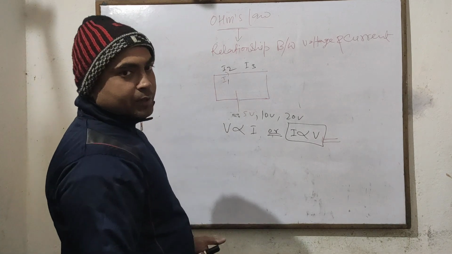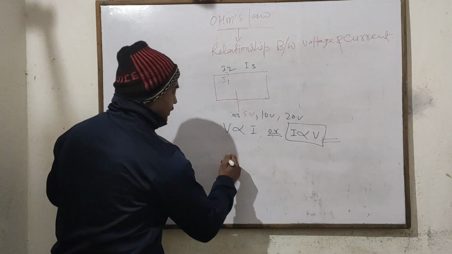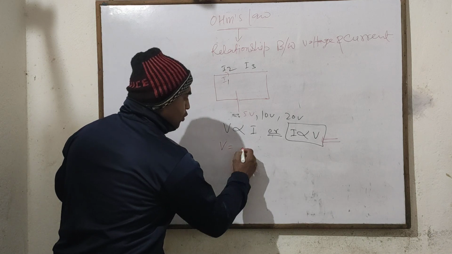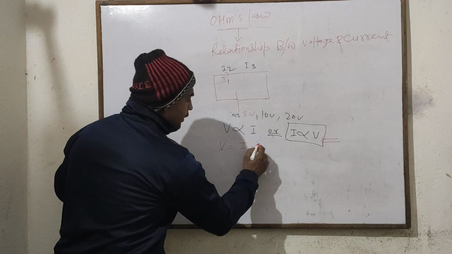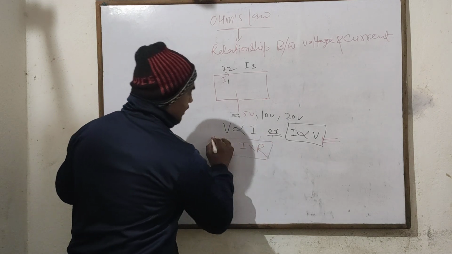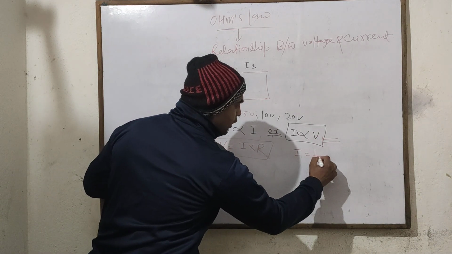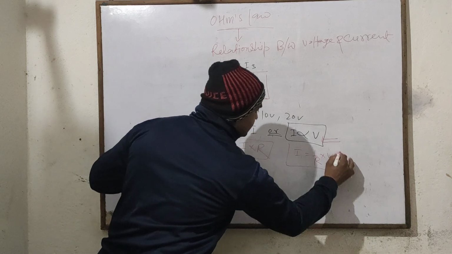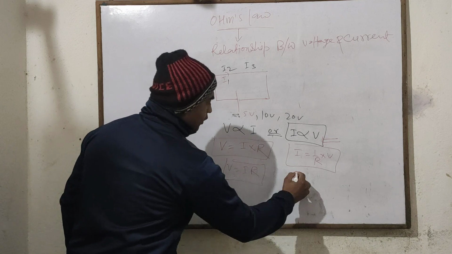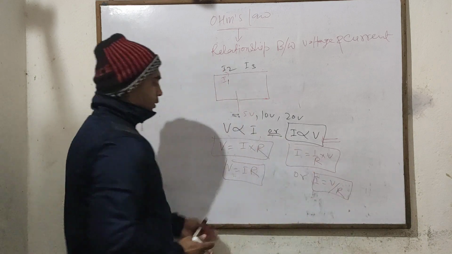Whenever we remove the proportionality sign, we get a constant. V is equal to I into R. When you remove the proportionality sign, we get I equal to 1 by R into V. The same formula: V equal to IR or I equal to V by R. This is the mathematical relation.